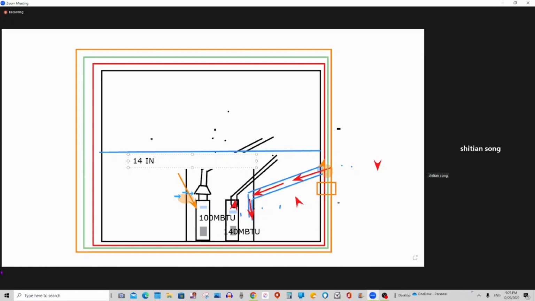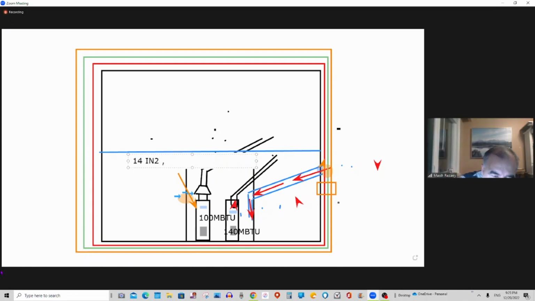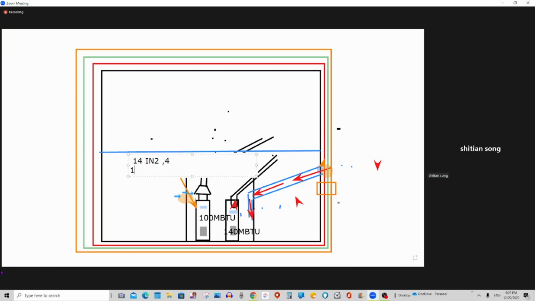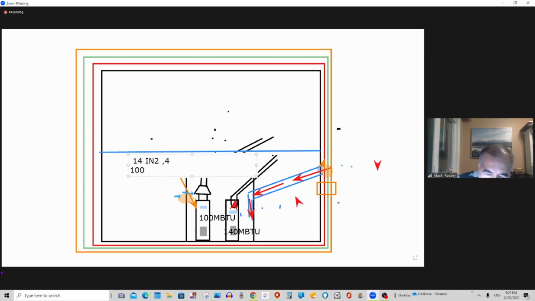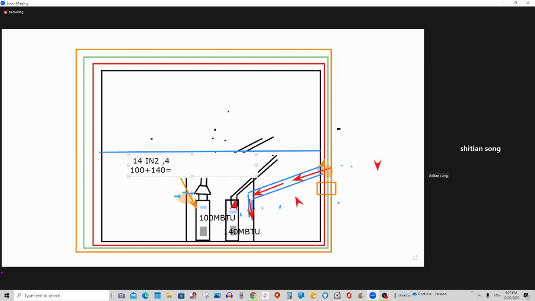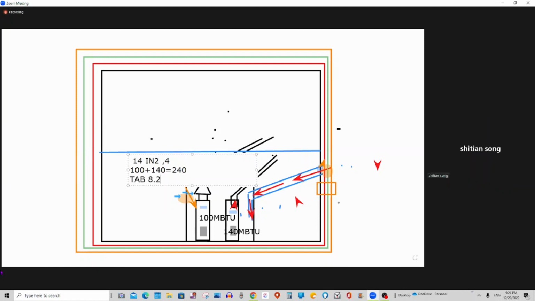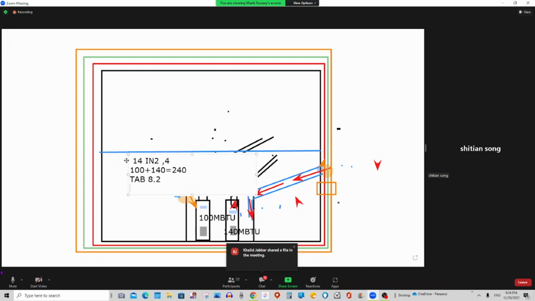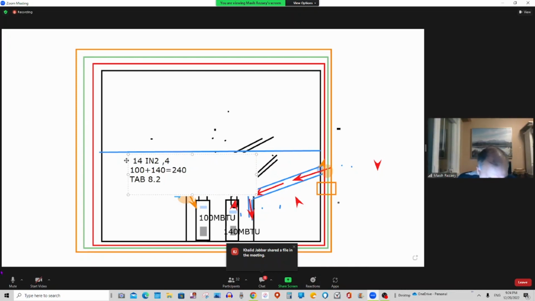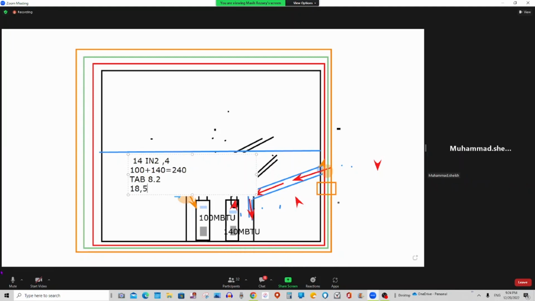Then you add them together: 100 plus 140 equals 240. Now you go to table 8.2, and see it gave you 18 and 5, for 250. Now, whichever one is bigger is the answer.